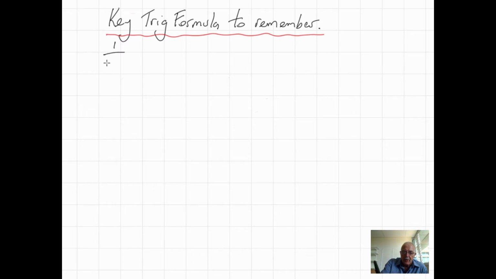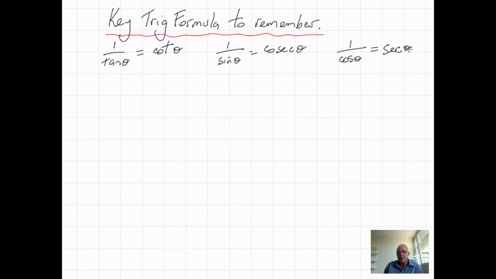When we've got 1 on tan theta, we call that cotangent, abbreviated to cot theta. 1 on sine theta is equal to cosecant, or cosec theta, and 1 over cos theta is equal to sec theta, or secant theta. So we've now got cot, cosec and sec, and they're just 1 over the originals.